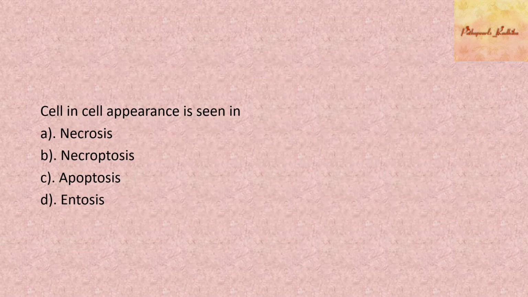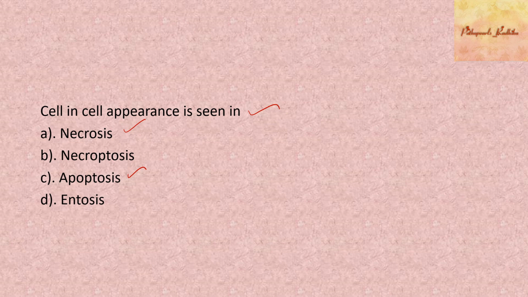So having discussed Rosai-Dorfman syndrome, let's discuss the recent INI-CET question. So a cell in cell appearance is seen in what? So now even if you don't know the answer, you can blindly answer this question if you know the answers for the common things. So what is apoptosis and necrosis?